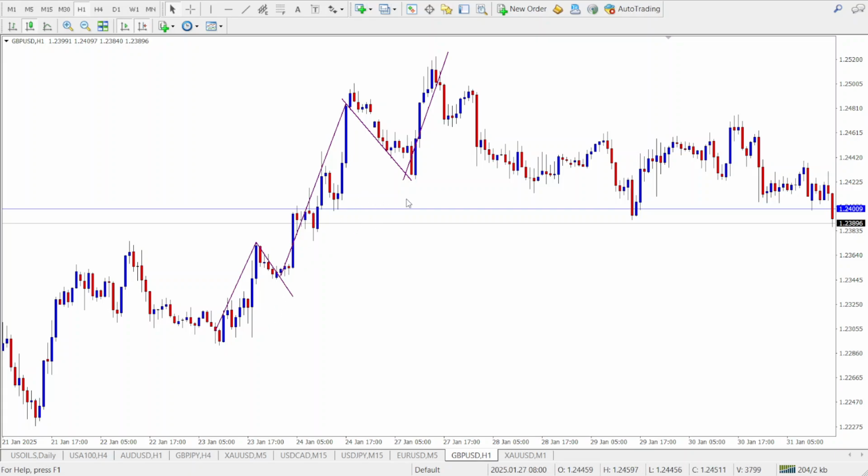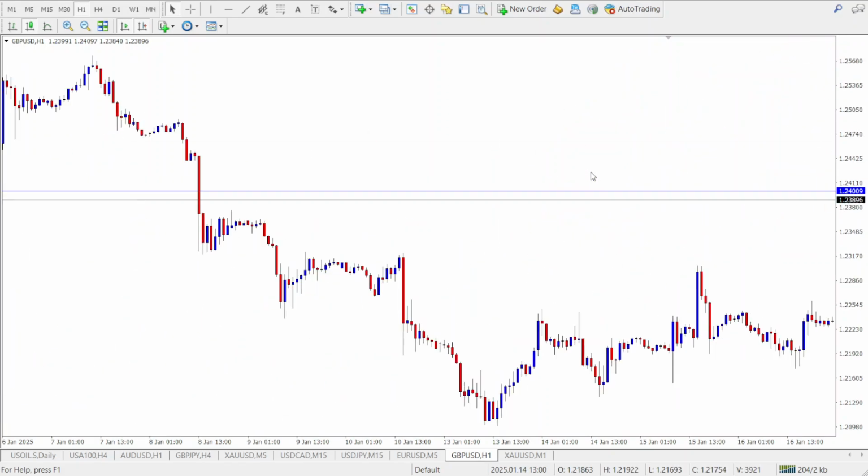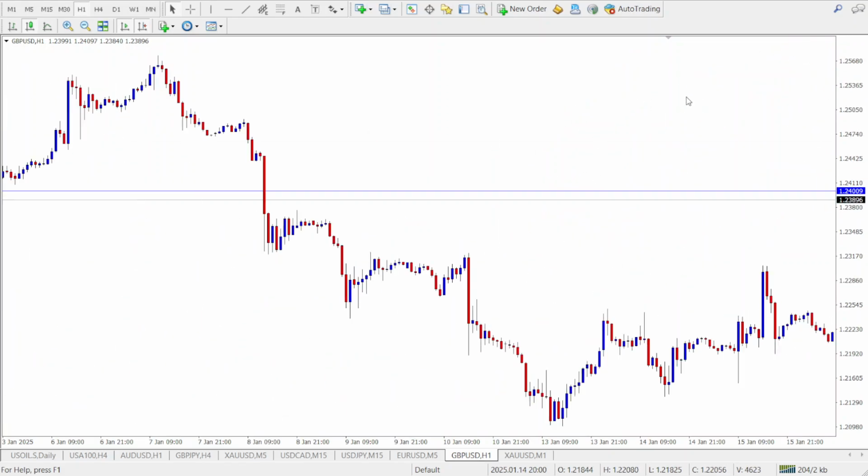So imagine the market as a series of waves. With Elliott wave channeling, you learn to read these waves and understand whether the market is in an uptrend, as in this example, or in a downtrend or consolidating.